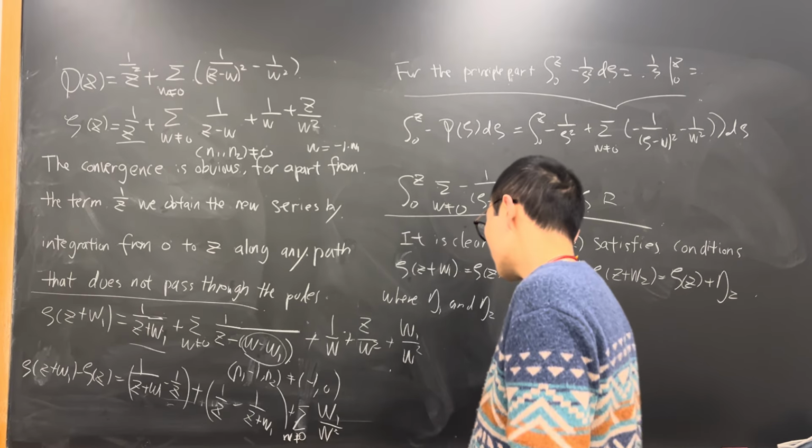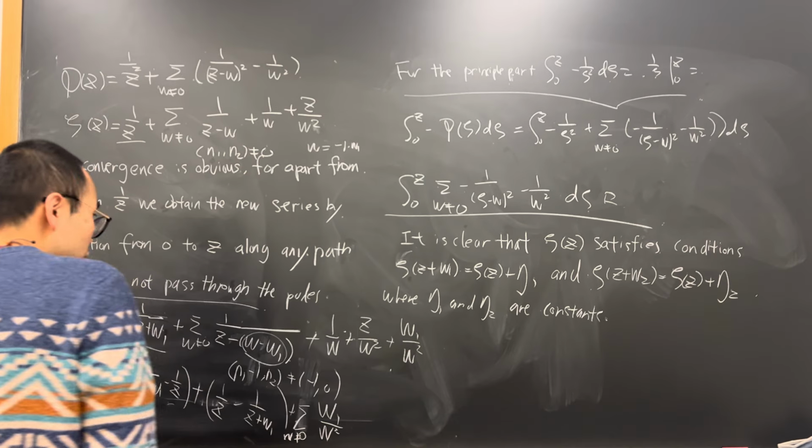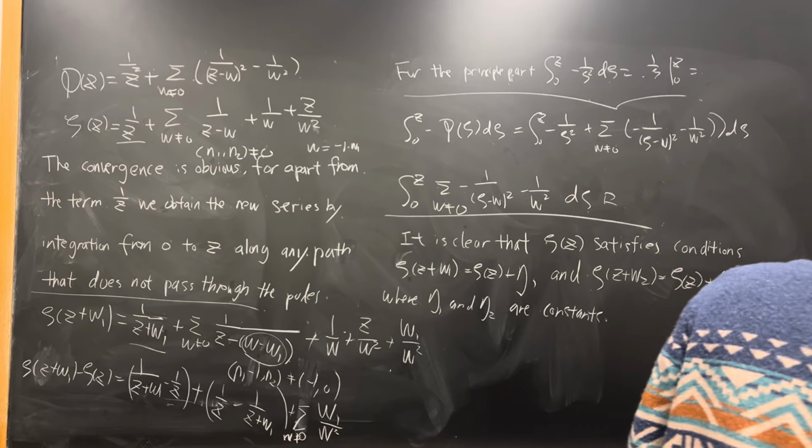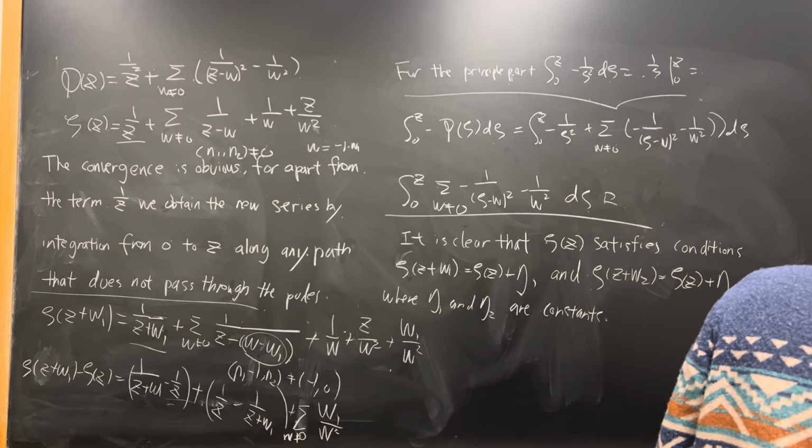I think by an estimate, this one definitely converges. So, oh, sorry. So what estimate do we use here? I think there's an estimate that we discussed earlier, right?